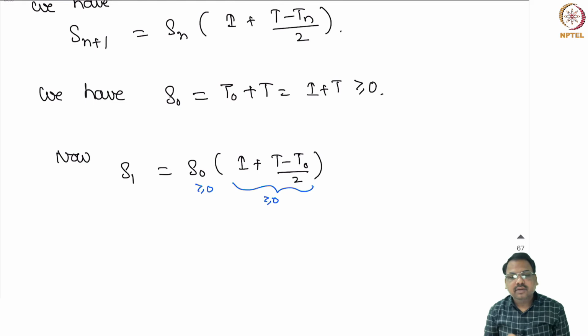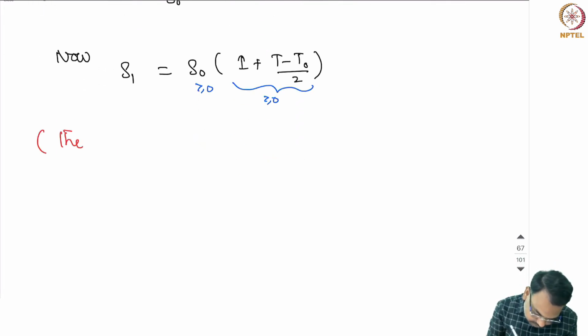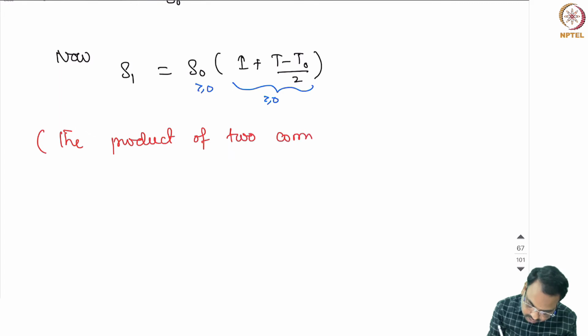The product of two commuting positive operators is positive. From that we have already shown that Sn commutes with I plus (T minus Tn)/2. So we are using the result that the product of two commuting positive operators is positive.